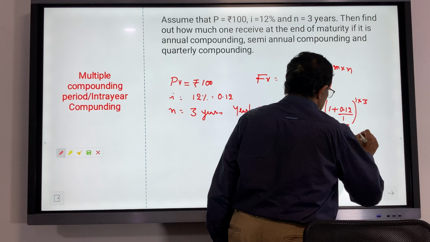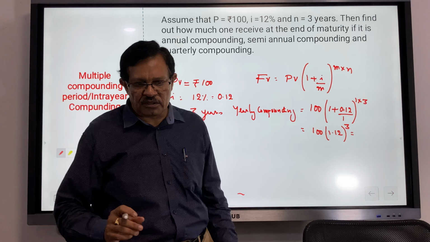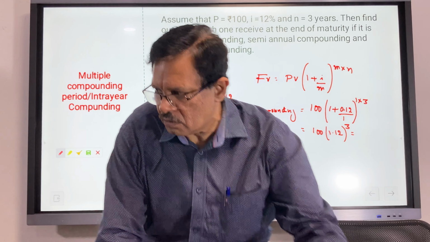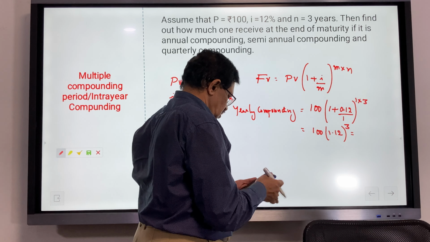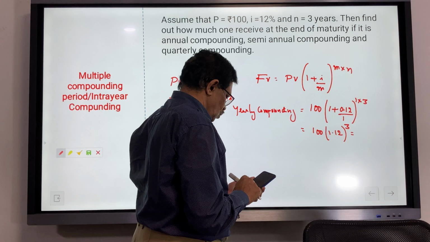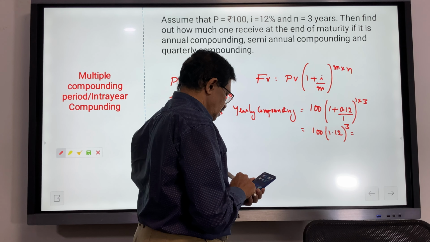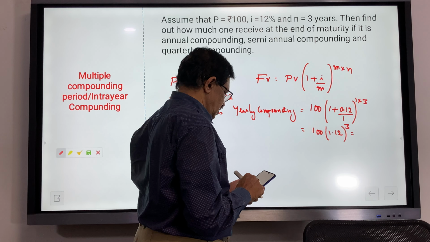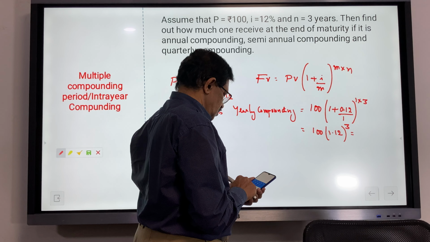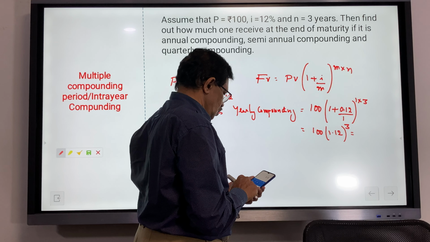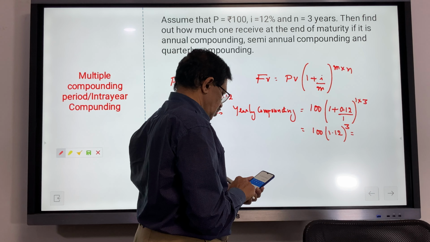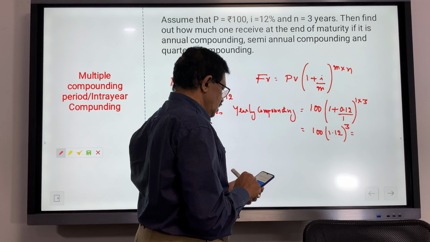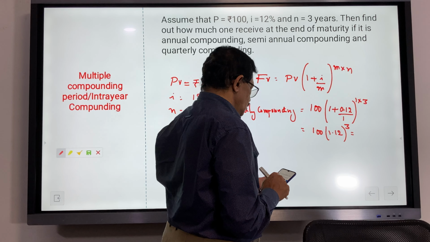So what is the value of this particular thing? Let's calculate that particular thing. Let's look at the value of 1.12 into 1.12 into 1.12. A simple calculator can do that. 1.12 into 1.12 into 1.12 is nothing but 1.40.